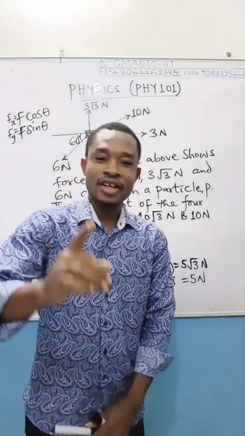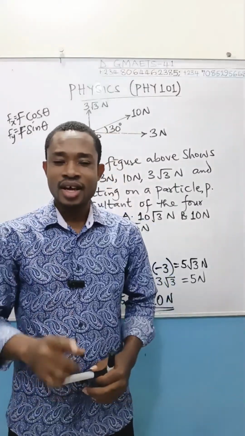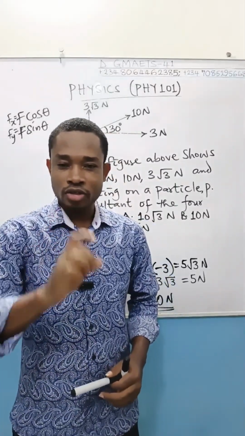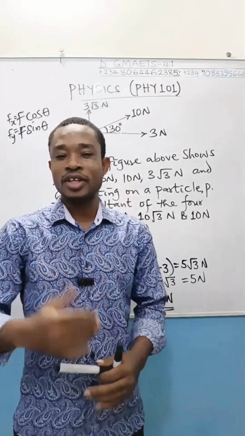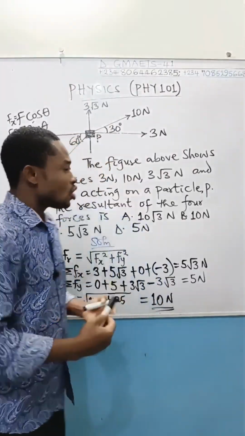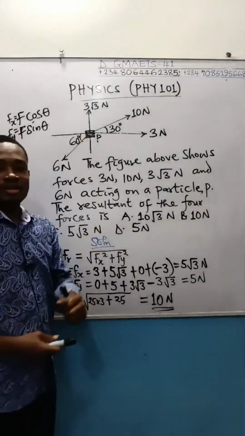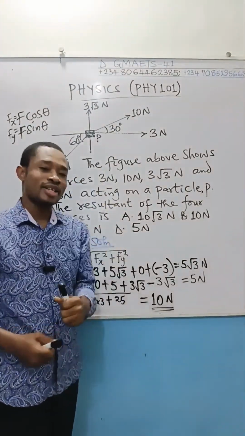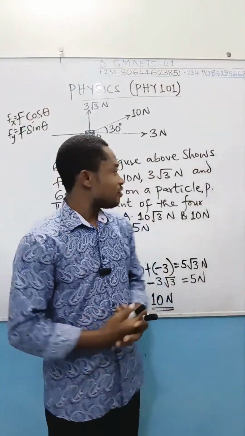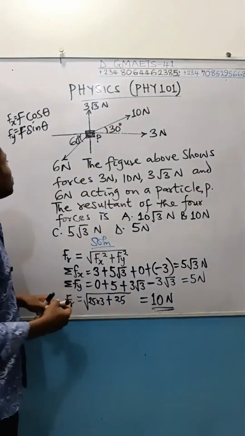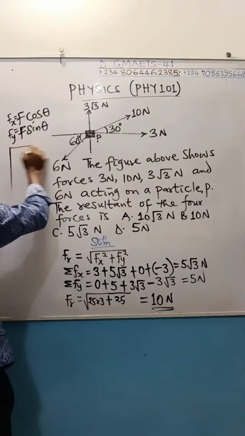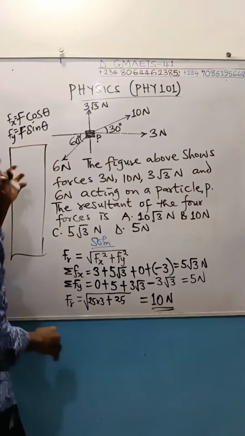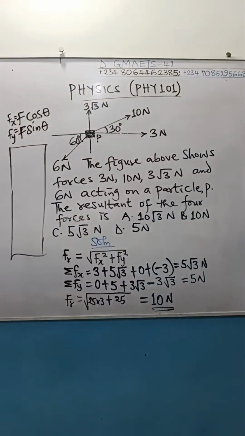But before I finally close the class for today, I'd like to give you work to do because I'd like you to go a bit further. Assuming I give you the mass of the particle, let me indicate it here.